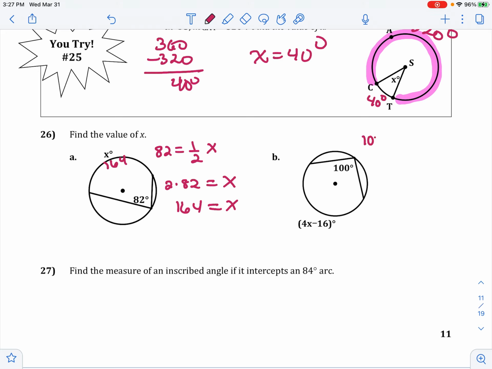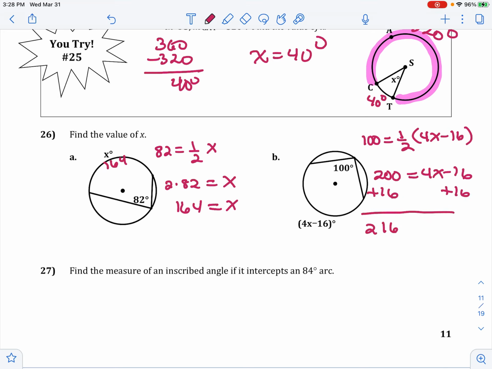Same with over here, 100. The angle is equal to half of the arc. So 100 is equal to half of 4x minus 16. If I double 100, I'll get 200 equals 4x minus 16. If I add 16, then I get 216 equals 4x.